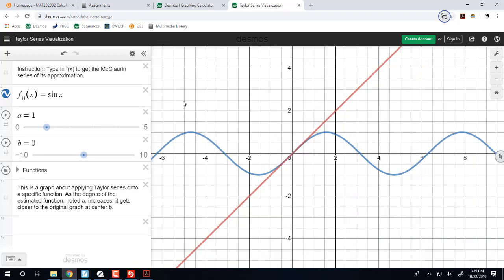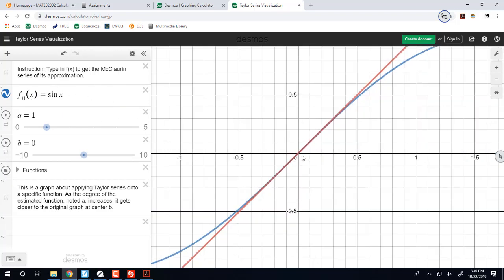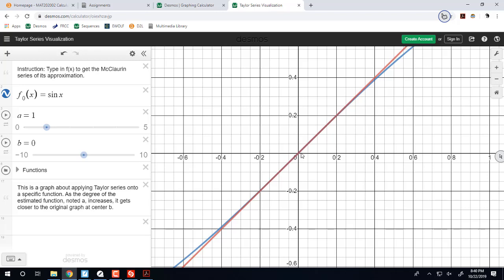You might have remembered from Calc 1, if we look at a linear approximation of the sine function near 0, it's pretty much the line y equals x. So a lot of times in optics or physics, when you've got a really small angle measure, instead of using the function sine, you would use the function x, right? So that's our linear approximation.